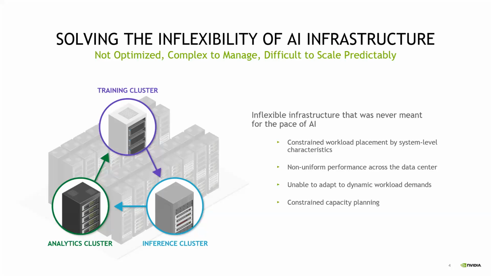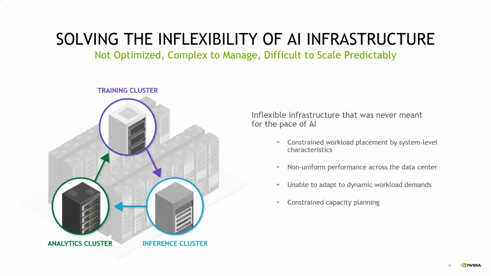Firstly, the problem in our case, or in any AI workload case, was that you had a specific cluster for training, servers specifically designed for training. Then you would also have servers specifically designed for deployment after training, and then servers for analytics after deployment.